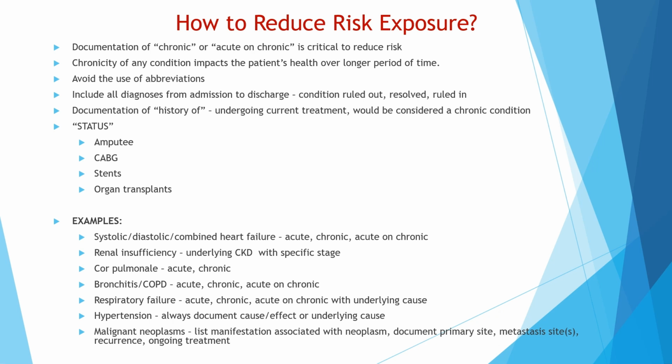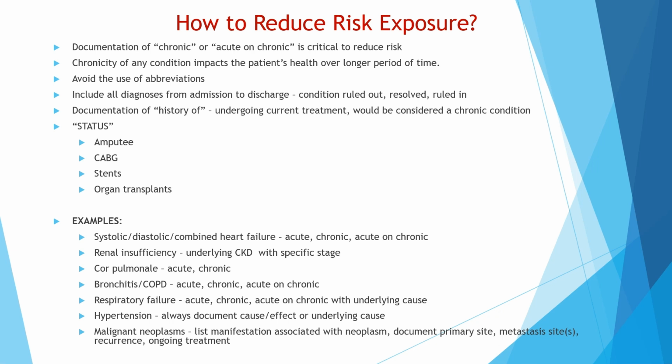Include all diagnoses from admission to discharge, conditions ruled out, resolved, ruled in. 5. Documentation of history of undergoing current treatment would be considered a chronic condition. 6. Documentation of status for amputee, CABG, stents, organ transplants.